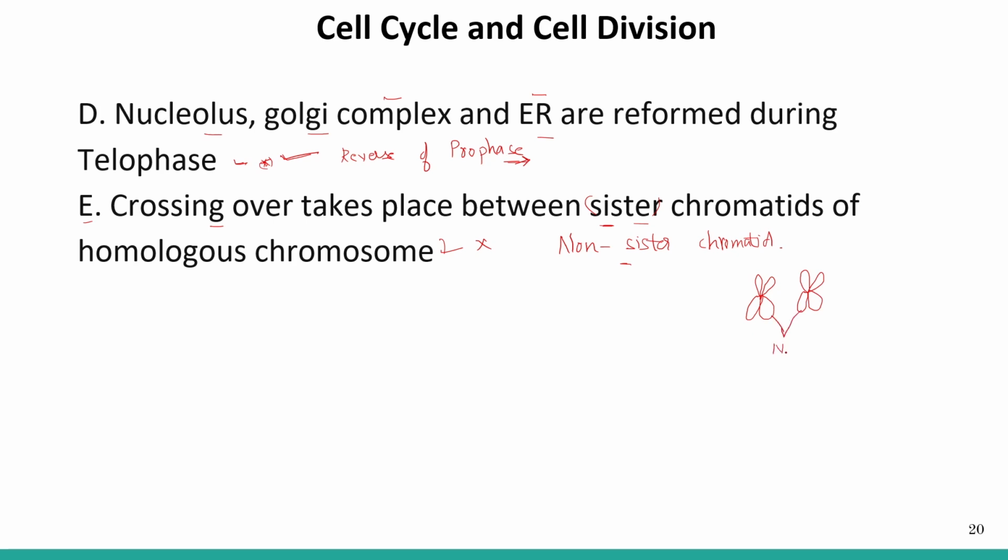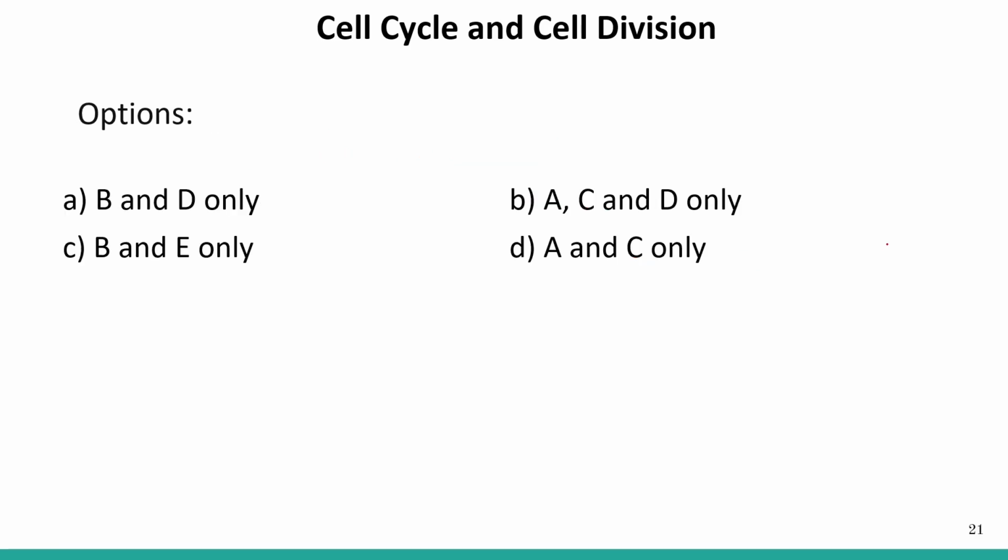These are known as the non-sister chromatid. And these are the sister chromatid. Alright, so what should be the answer? These are the options: B and D, A, C, D, B and E, and A and C. So what should be the answer? Answer should be B and D.